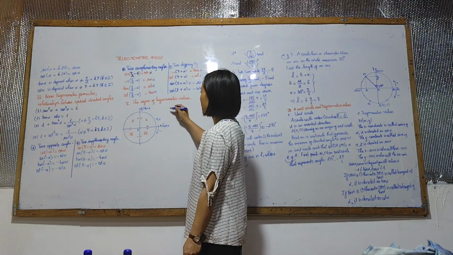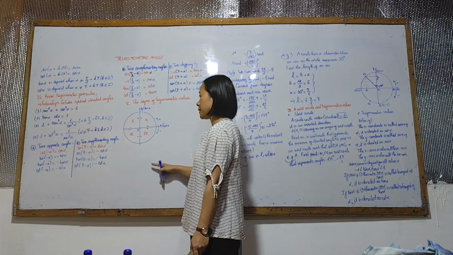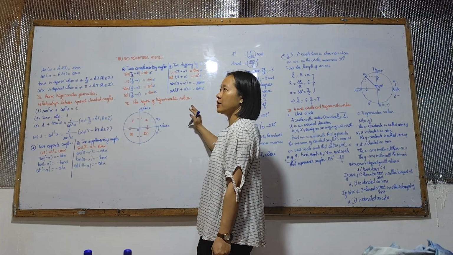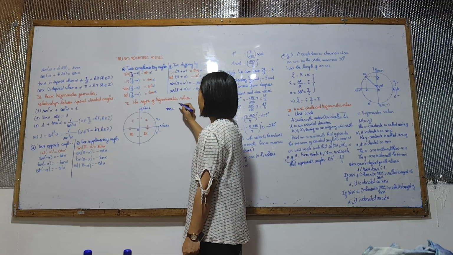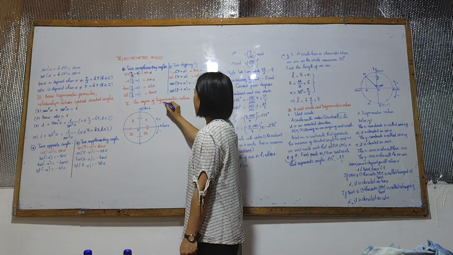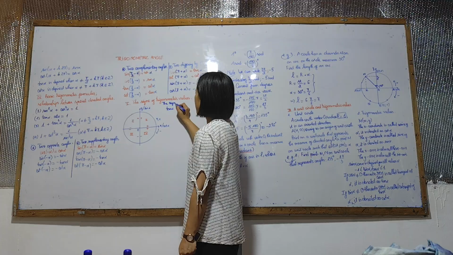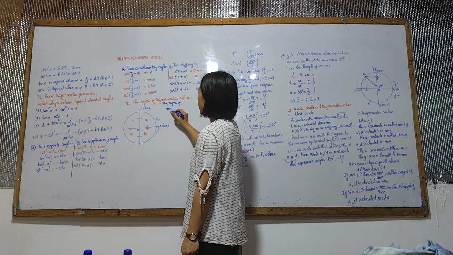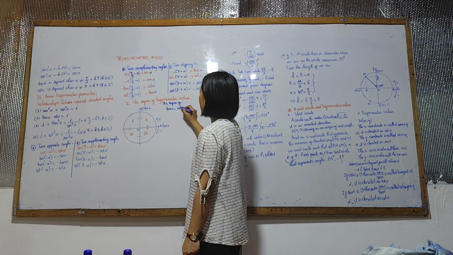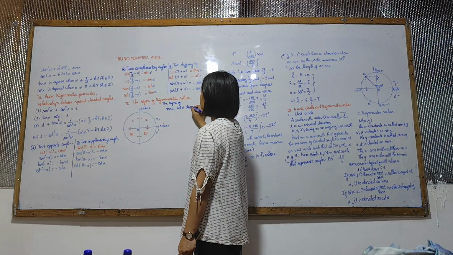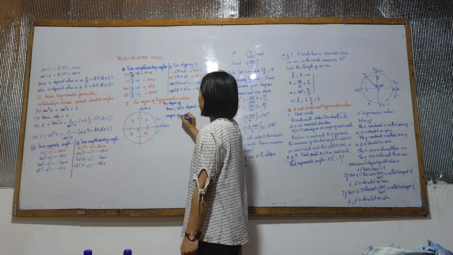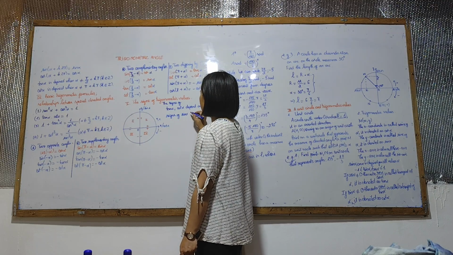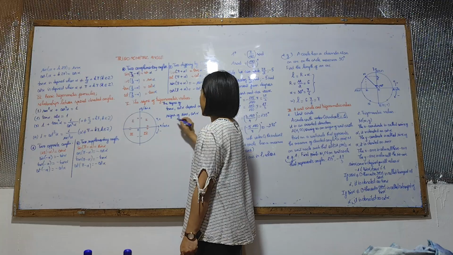Now we can see in this picture that the signs of tangent alpha and cotangent alpha depend on the signs of sine alpha and cosine alpha.